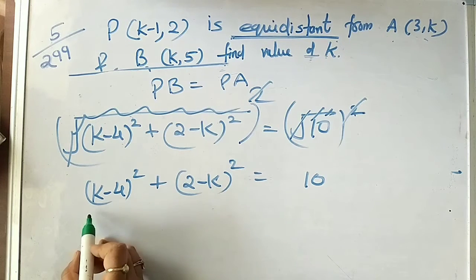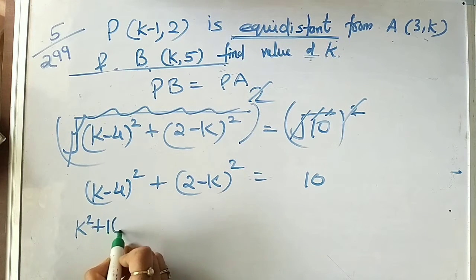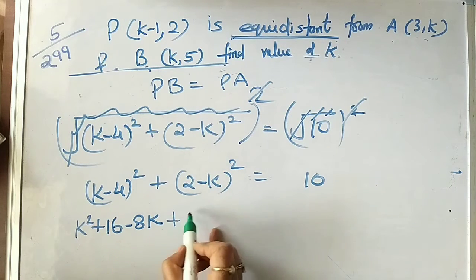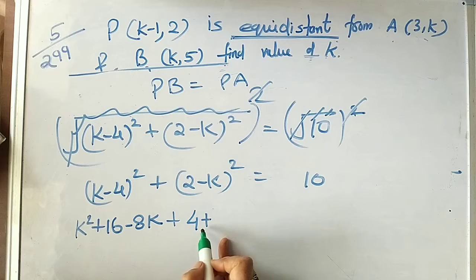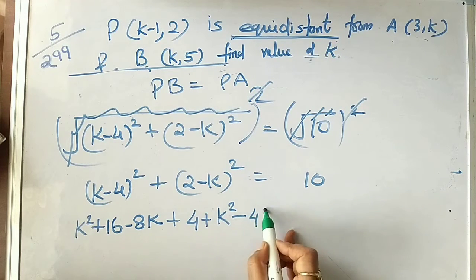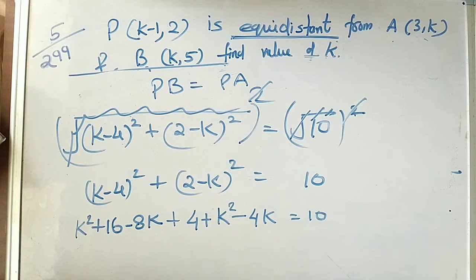k minus 4 square is k square plus 16 minus 8k, plus 4 plus k square minus 4k is equal to 10.